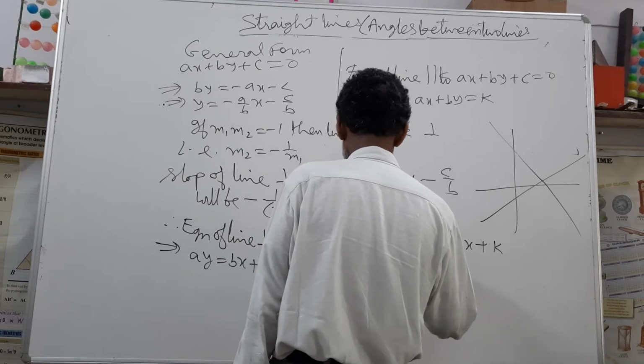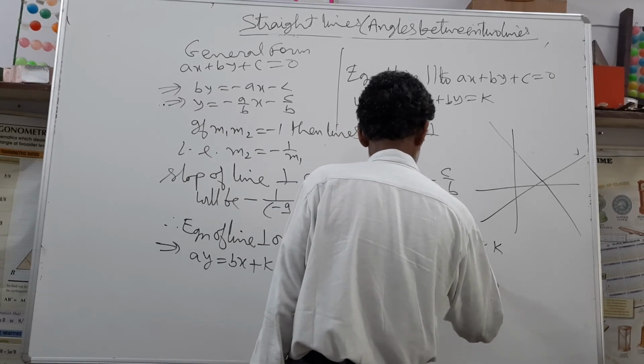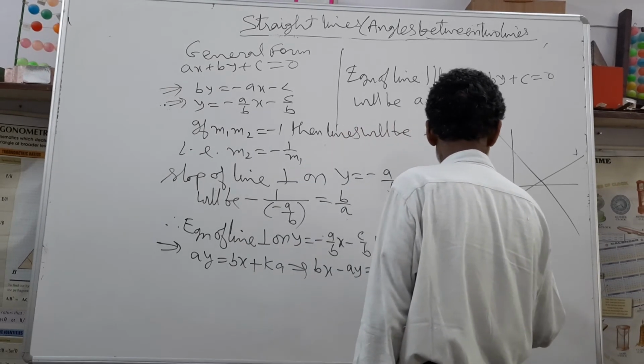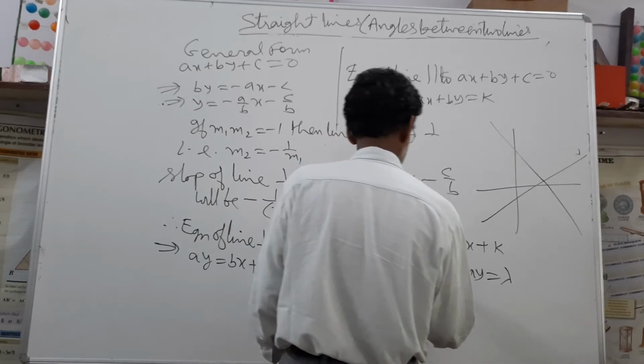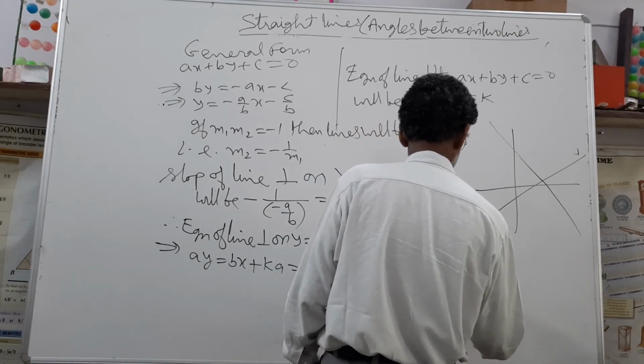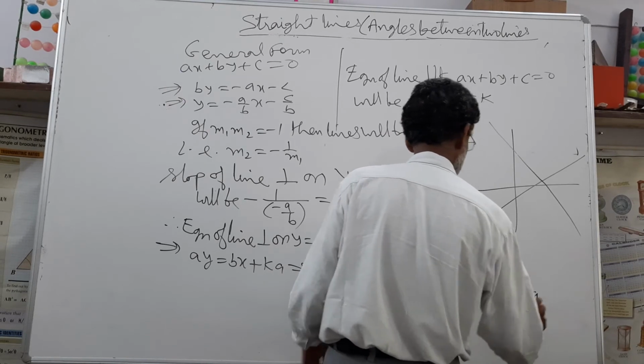This implies bx minus ay is equal to lambda. Here lambda is equal to minus ka.